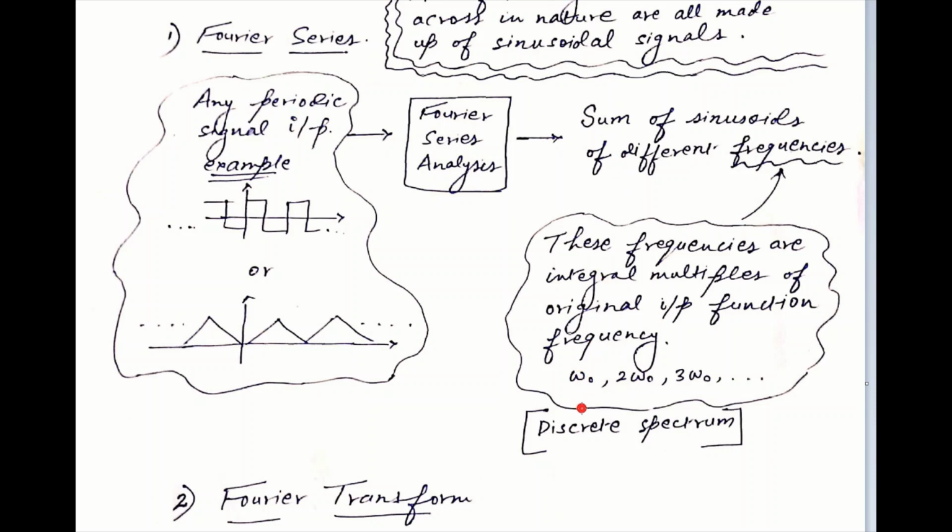For example, we will have omega naught frequency, 2 omega naught frequency, 3 omega naught frequency. But what about the frequencies between these frequencies? For example, 1.5 omega naught, 0.5 omega naught, and all other frequencies. We do not have sinusoidal functions of those frequencies. So we can say that the Fourier series spectrum is actually a discrete spectrum, because we have only discrete frequencies in the spectrum of this Fourier series.